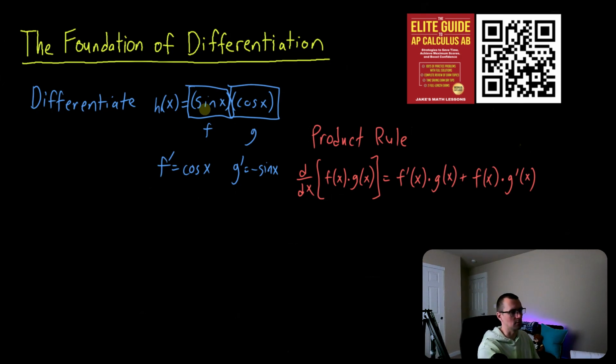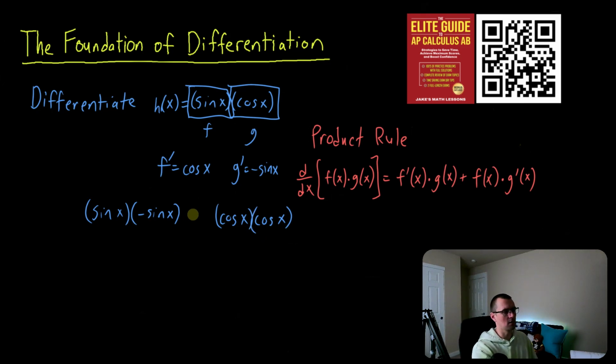So as long as we do sine of x times negative sine of x, and then we do cosine of x times cosine of x, that's the important part. Then we just need to add these together.